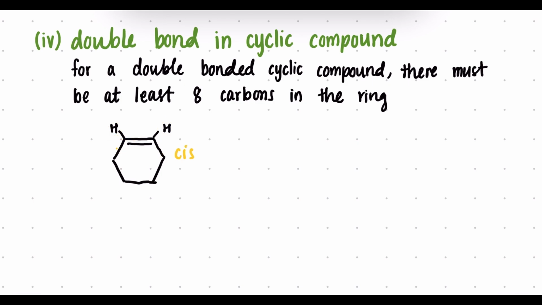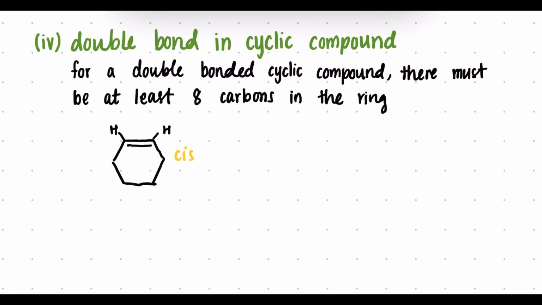So now let's draw our trans isomer. So we've got this. Okay, wait, let me draw these properly. A hydrogen here and a hydrogen here. And this is our double bond. So this would be our trans isomer.